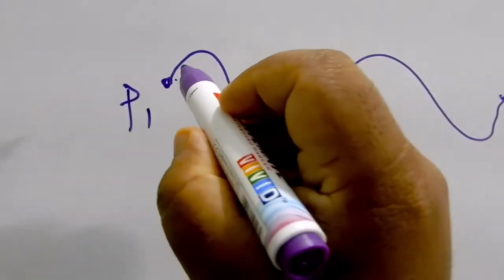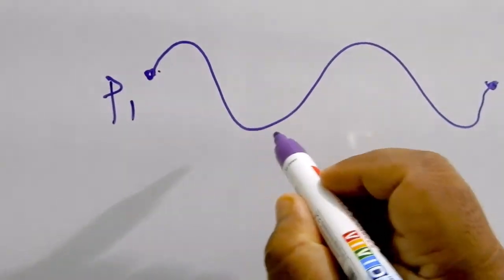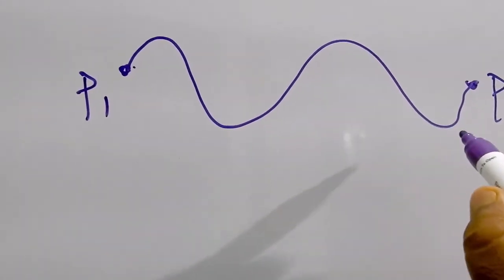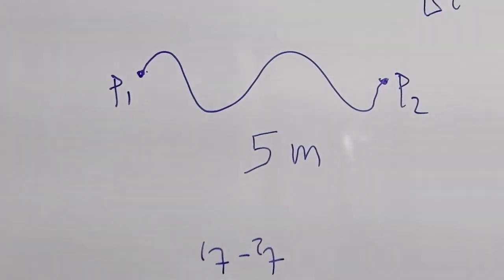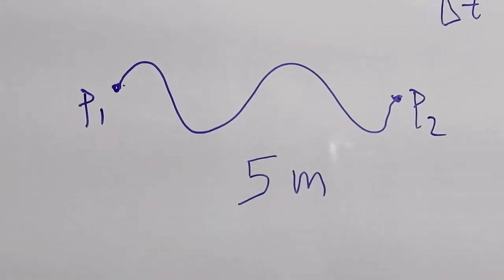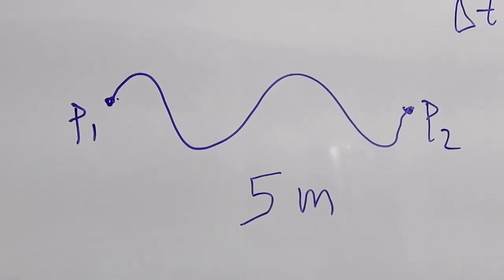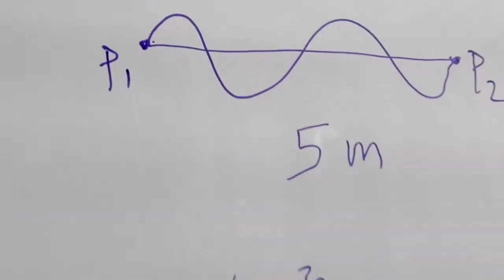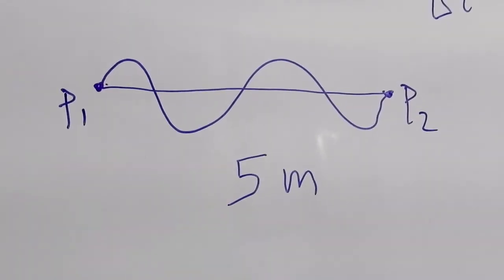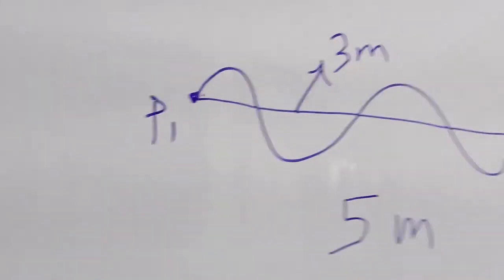Suppose the path length traversed is 5 kilometers or 5 meters, let's say 5 meters. Meanwhile, the straight line joining the point P1 to P2 in this way, the length of the straight line connecting point P1 and P2 is 3 meters.